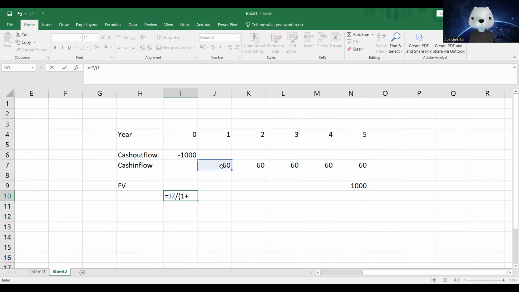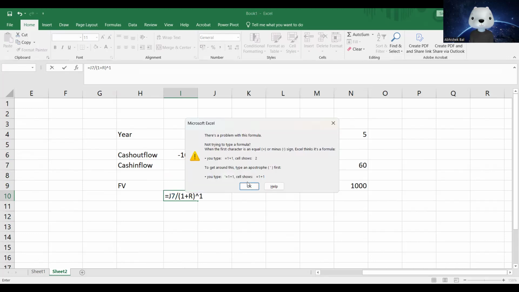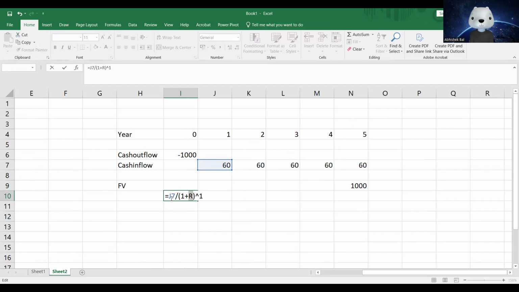So I'm going to put this as R to the power 1. This is my 60, right?